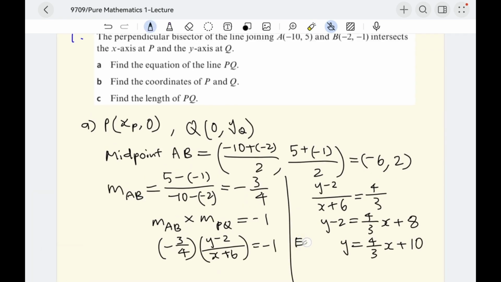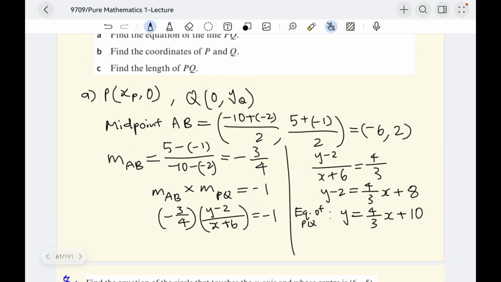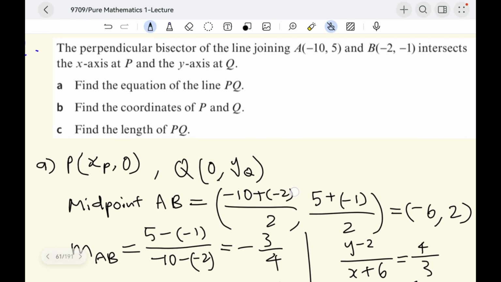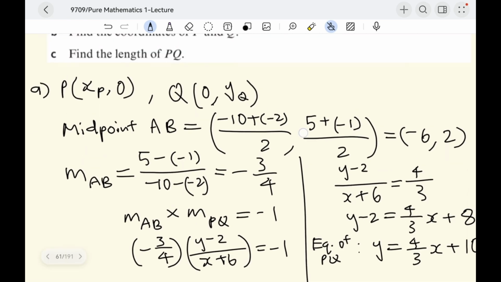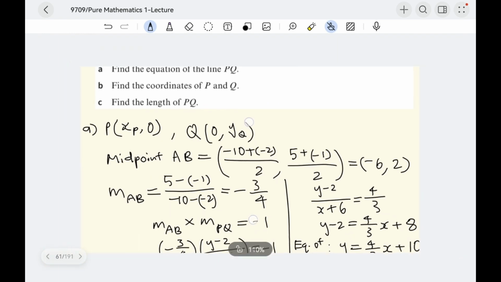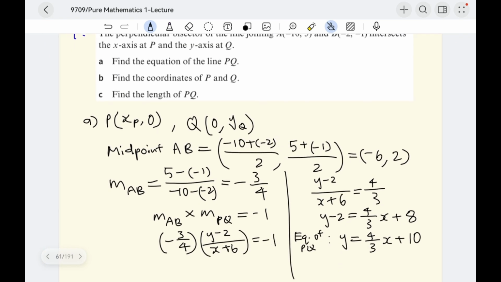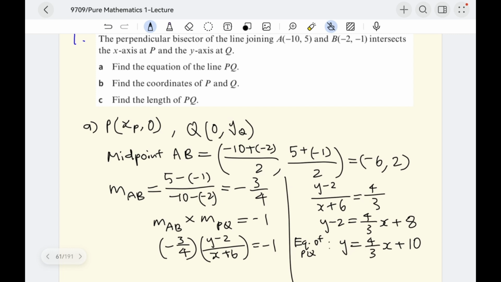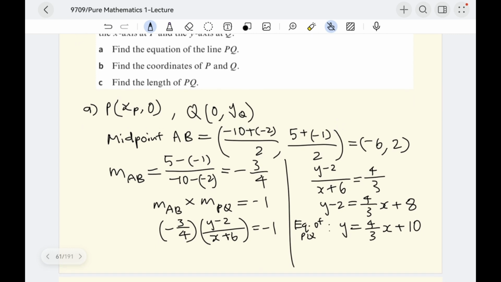So now it's time for you to find the... wait a second. Oh yeah, correct. Part A asks you to find the equation of PQ.